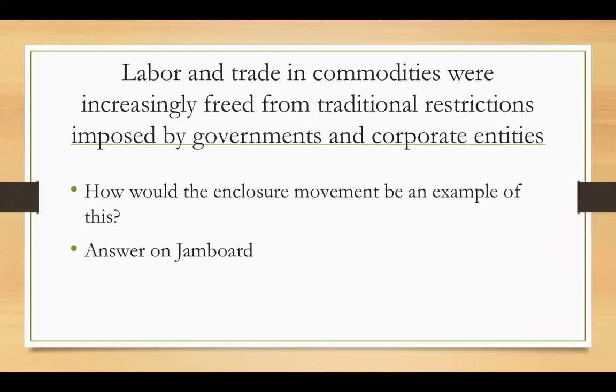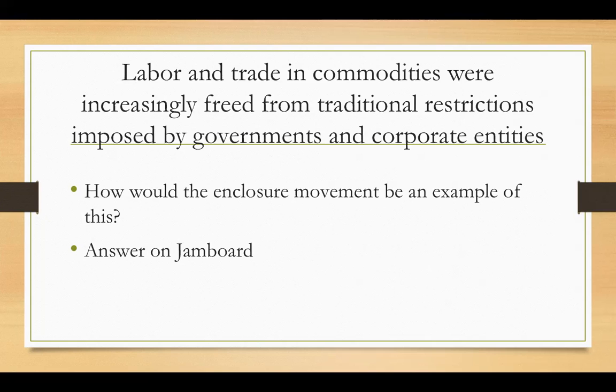So we have absolutism, and you have these mercantilist policies where the government is overseeing and operating, and yet as absolutism starts to fade or be challenged, and we're going to see this move into the Enlightenment period, we're going to see how labor and trade in commodities are freed from these traditional restrictions imposed by hardcore absolutism, even enlightened absolutism, or as our constitutional monarchies reaffirm the supremacy of parliament in places like England, in the Dutch Republic, etc.